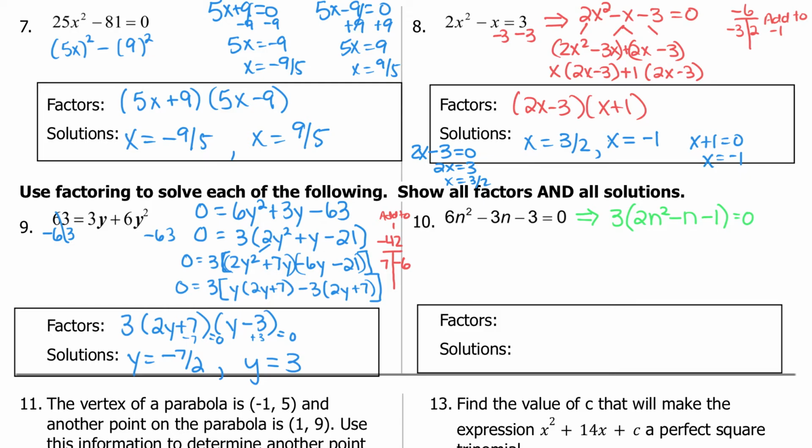So let's make our AC chart. 2 times negative 1 is negative 2, and it has to multiply to give us that, but add up to give us negative 1. So that's going to be negative 2 and positive 1. So we've got 3. We're going to bring down the 2n squared. Then we're going to have a minus 2n plus n, and then minus 1.